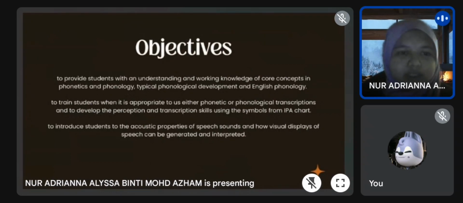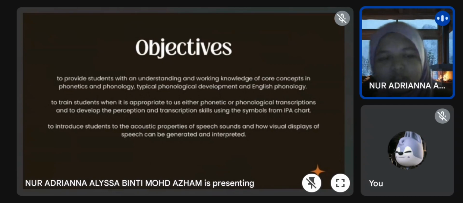So we'll move on to objectives. There are 3 objectives in this assignment. The first one is to provide students with an understanding and working knowledge of core concepts in phonetics and phonology, typical phonological development and also English phonology.